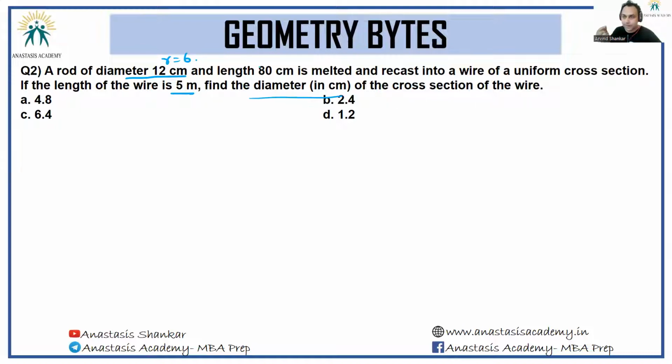We've taken a rod, we've made a wire, both of them are cylindrical in shape. So volume wise, pi R square times 80, which is 36 into 80, is equal to pi R square times height, which we need to calculate. Height is 500. Pay attention, it is not 5 meters, it is 500 centimeter. We want the units to be identical.